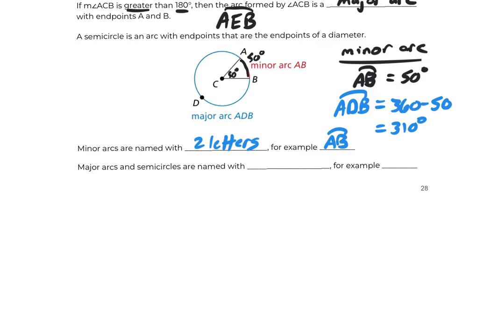Okay, major arcs are labeled with 3 letters. And we just talked about that. ADB or BDA. Order doesn't necessarily matter there.